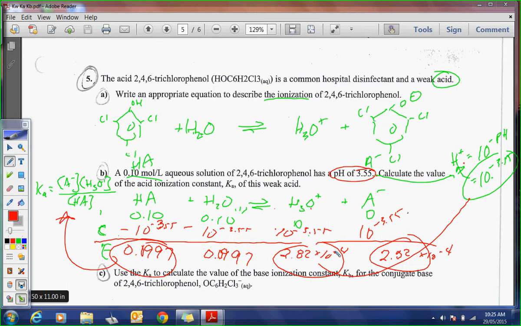So, here's the point I wanted to make. How many significant digits do we have? 2. 2 significant digits. Can you round that equilibrium concentration for me to 2 significant digits? 0.10.